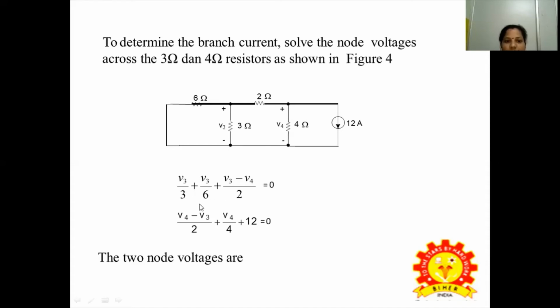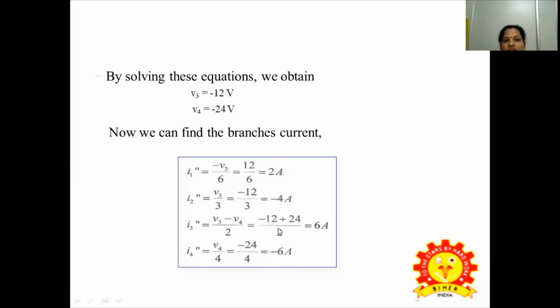V3 divided by 3 plus V3 divided by 6 plus (V3 minus V4) divided by 2 is equal to 0. (V4 minus V3) divided by 2 plus V4 divided by 4 plus 12 is equal to 0. By solving these equations, we obtain V3 equal to minus 12 volts and V4 equal to minus 24 volts. Now we can find the branch currents.